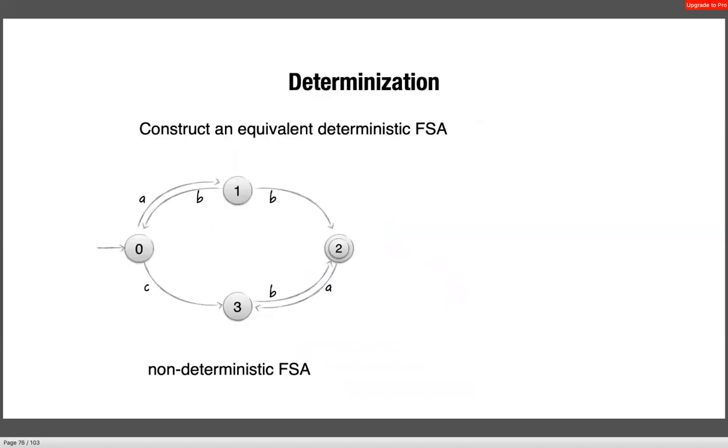Typically, when constructing finite state machines, it's easier to come up with non-deterministic machines, which also involve epsilon labels. Here, for this example, let's consider there are no epsilon labels. The determinization algorithm constructs an equivalent deterministic finite state acceptor.